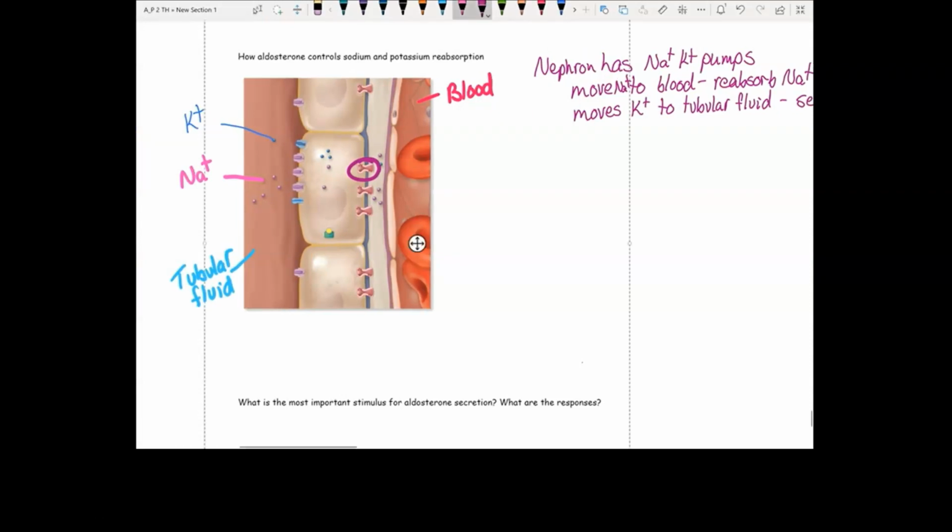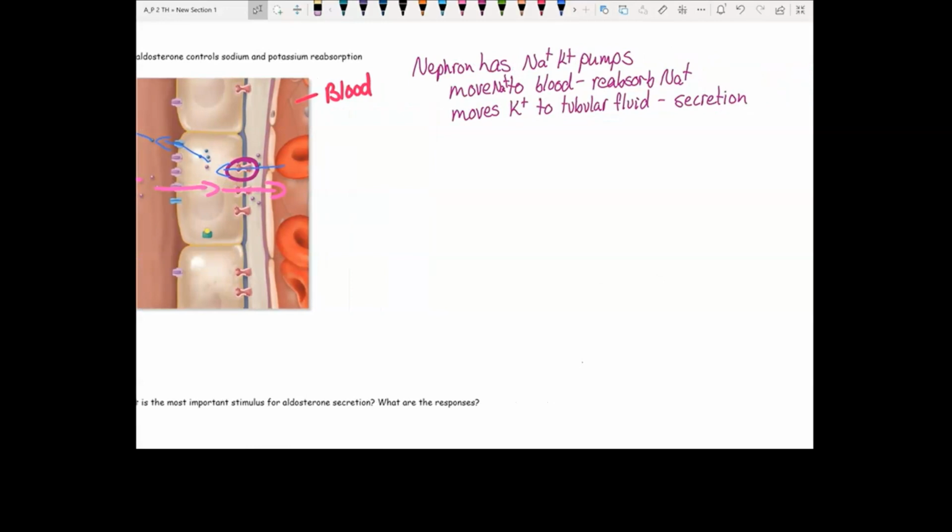So sodium is going this direction into the blood, and potassium is going this direction into the tubular fluid. So the effect of these sodium-potassium pumps is they reduce your blood potassium and they increase your blood sodium.